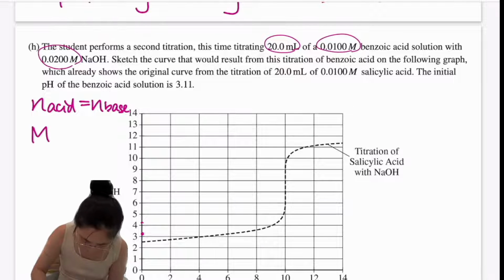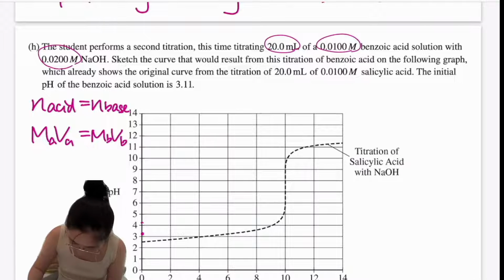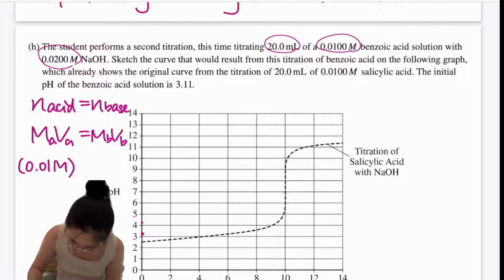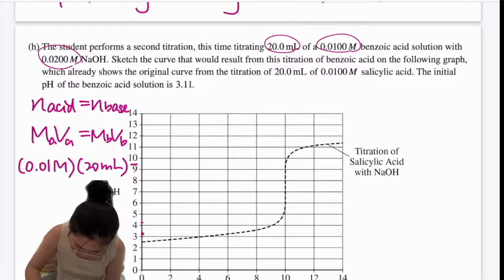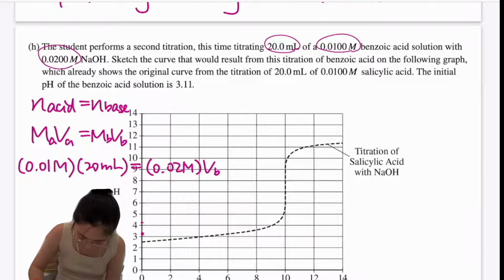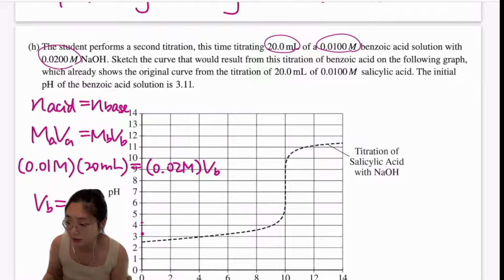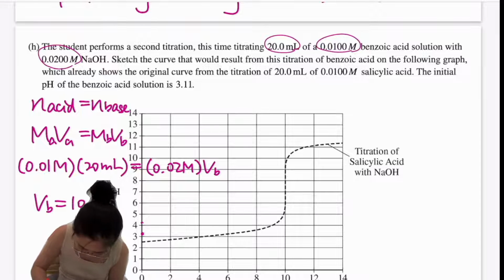Concentration times volume is equal to the concentration of the base times its volume. So the concentration of the benzoic acid, 0.01 molar, multiplied by 20 milliliters is equal to the concentration of the sodium hydroxide, 0.02 molar, multiplied by its volume, VB. So VB, which represents the volume of the sodium hydroxide added at the equivalence point, is equal to 10 milliliters.